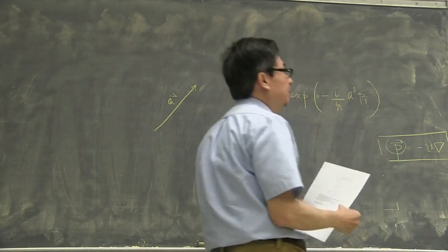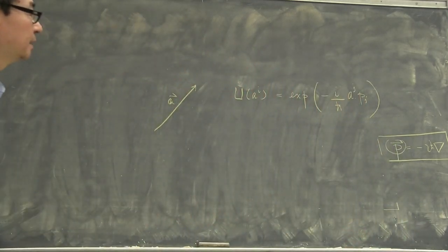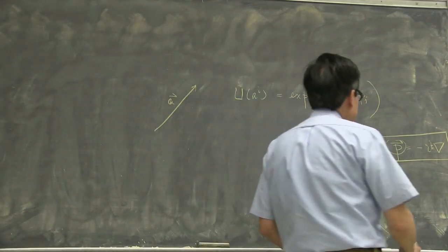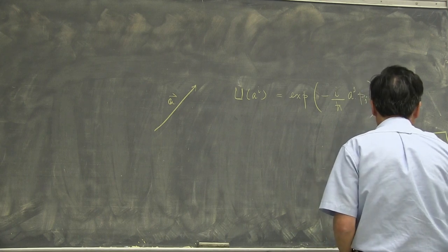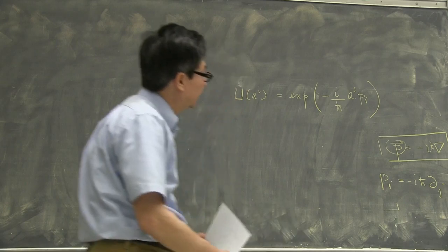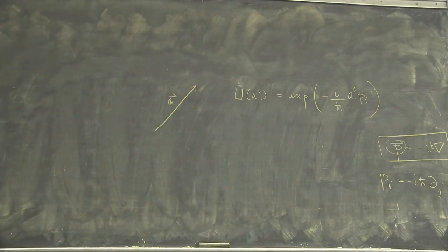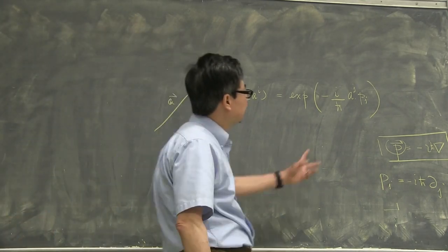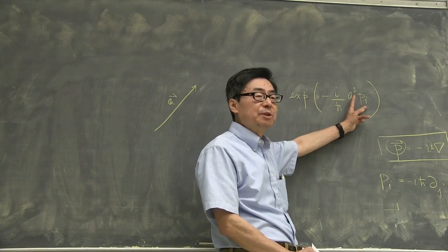P sub j is the j component of the linear momentum. The linear momentum is just given by P sub j is equal to minus i H bar derivative with respect to x_j like that. And you have to do translations in all 3 dimensions. That's why j is summed from 1 to 3.